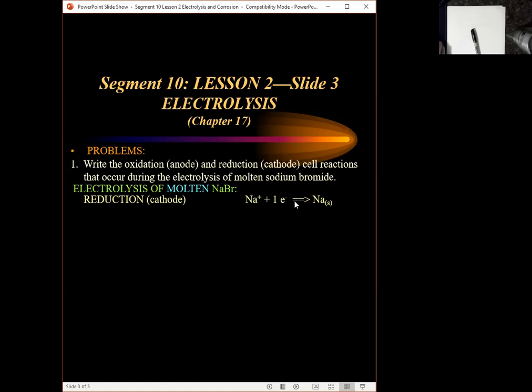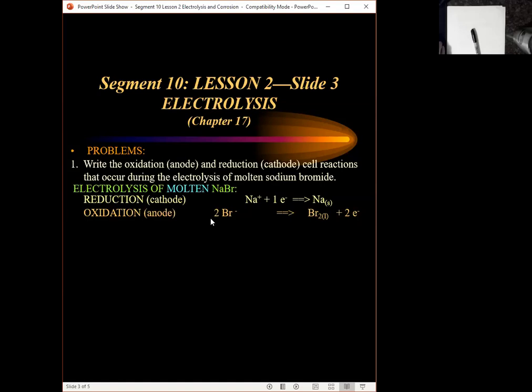And now remember this, reduction always occurs at the cathode of the cell. So if you want to know which cell is the cathode and which one is the anode, look and see that you have reduction. Reduction occurs at the cathode, oxidation occurs at the anode.